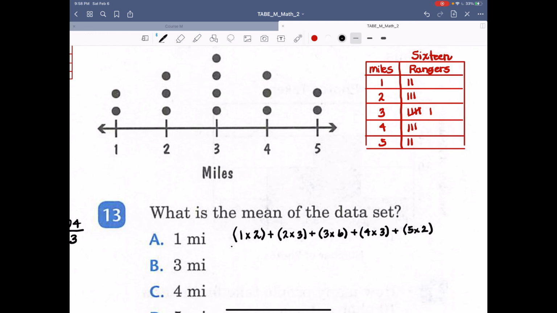So let's do our parentheses. Use the calculator as you need it. And then let's add them up.